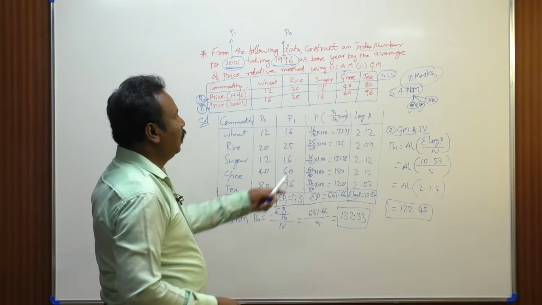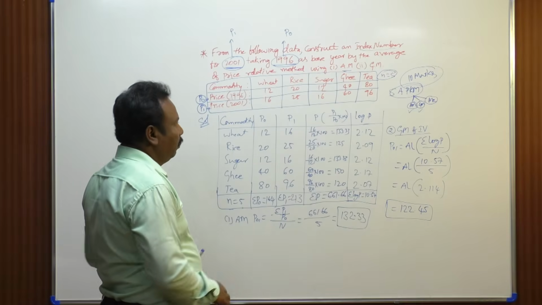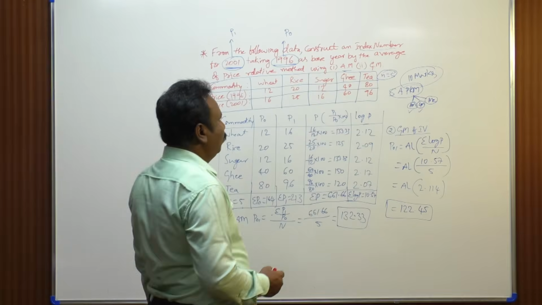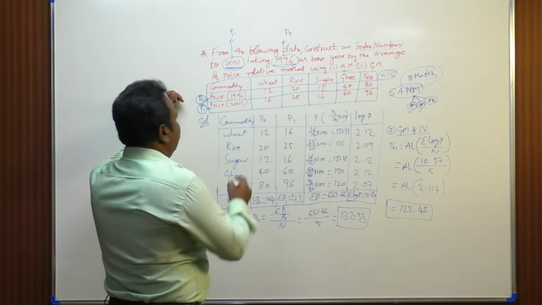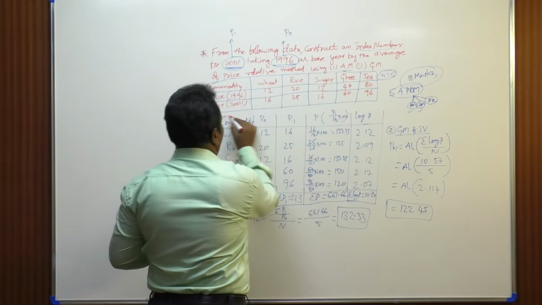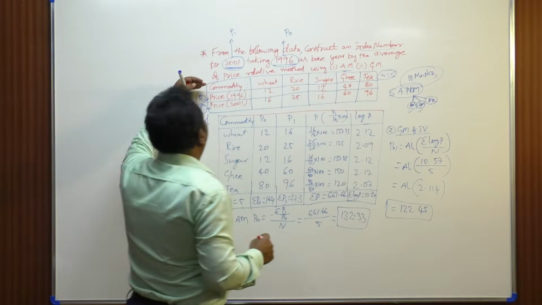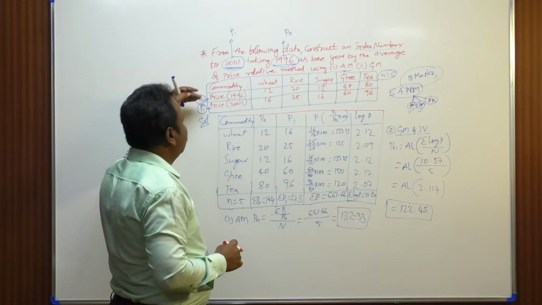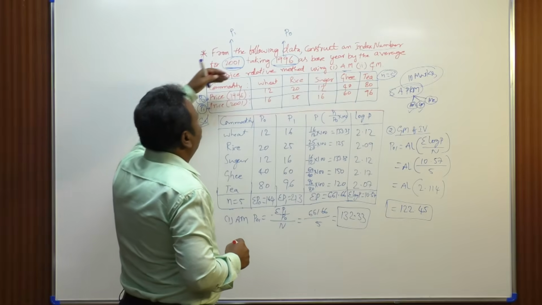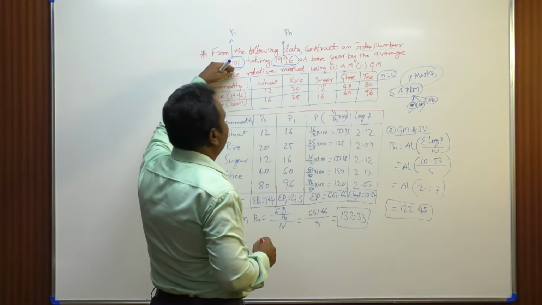So, geometric mean of index value. Say in the case, commodity is given, price for 1996, price for 2001. So, base year is 1996, and 2001 is the current year.